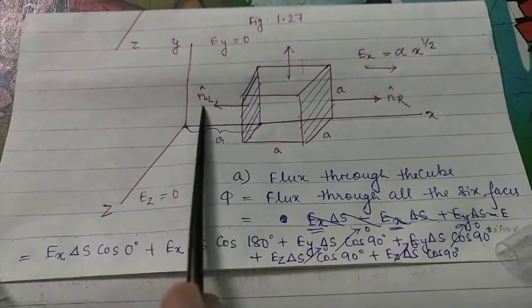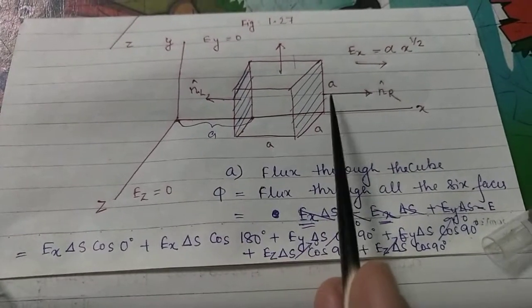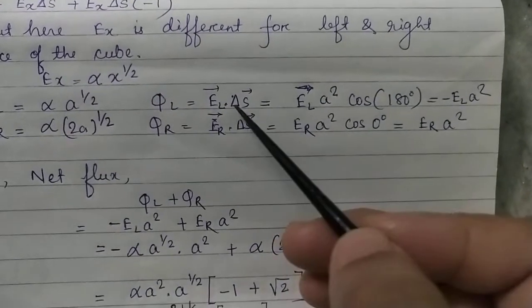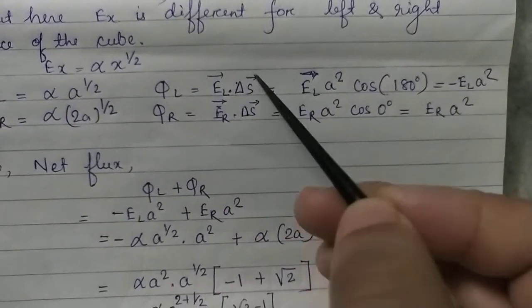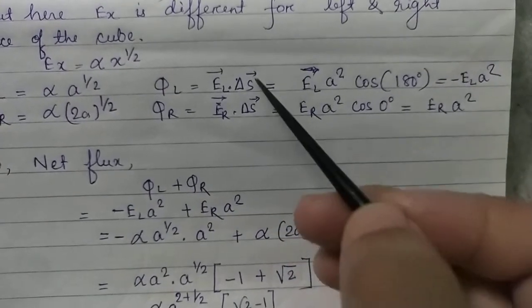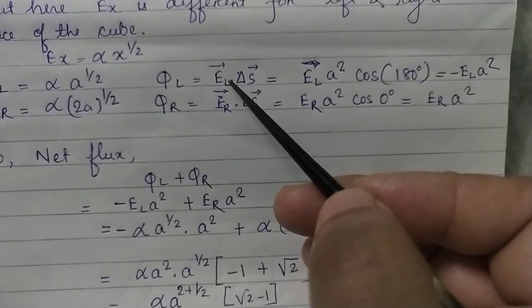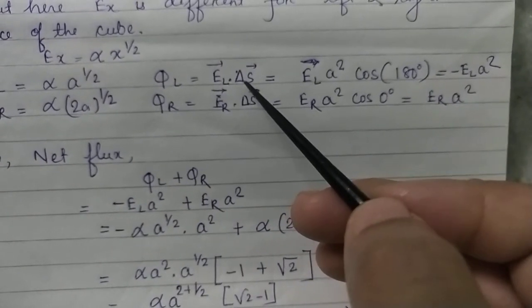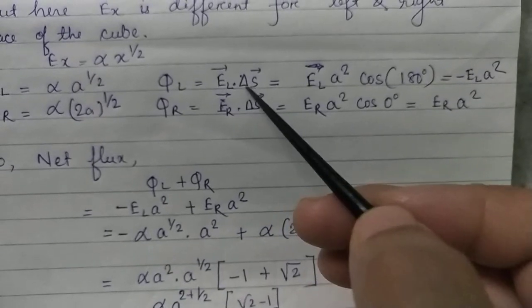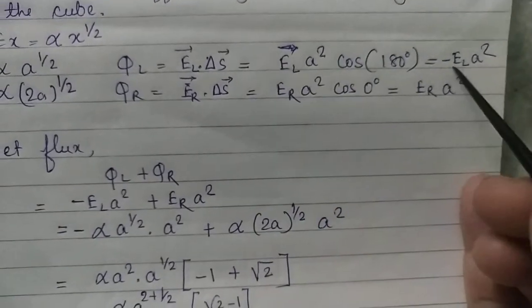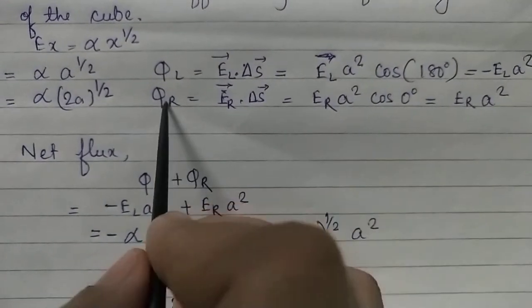The left face direction is left side and right side is 180 degrees, right face 0 degrees. E_L times a squared, where a squared is the surface area, dS. The angle between the electric field and the area vector is 180, cos 180 is minus 1, so it will be minus E_L a squared.